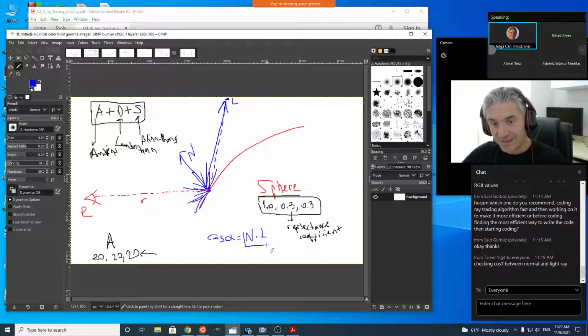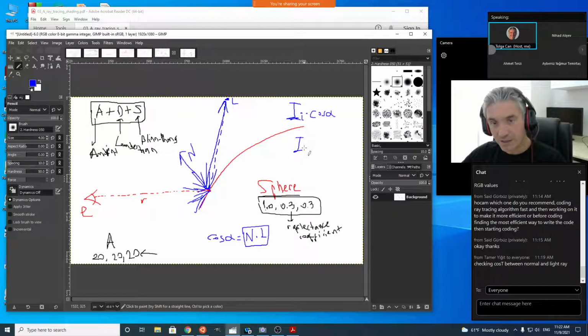So basically, the diffuse component is whatever the intensity of the light source is, you multiply that with the cosine of that angle.